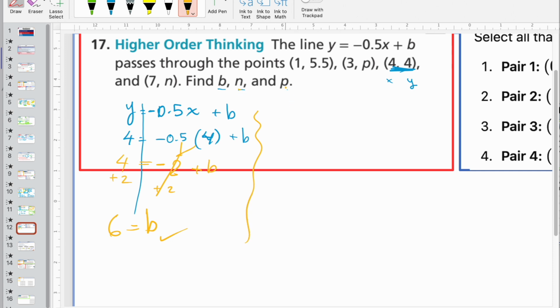Now how to find n and p? Use the same points, but using the new equation. What's my new equation? y equals negative 0.5x plus b, but b I found as 6. Use it to find p and n. What's my point? 3, p. This is my x, this is my y.